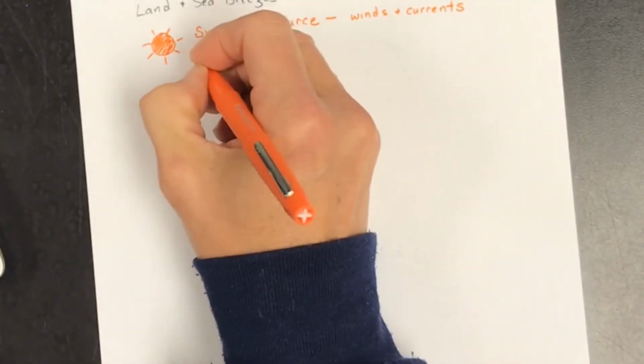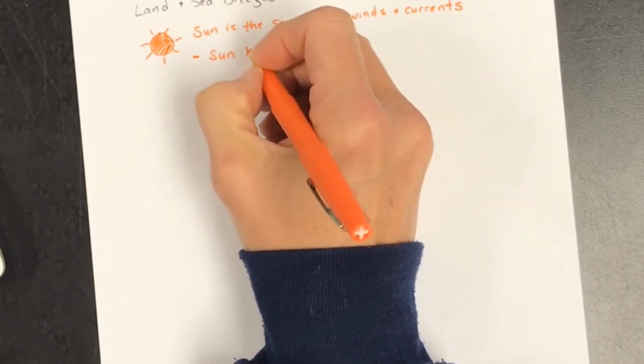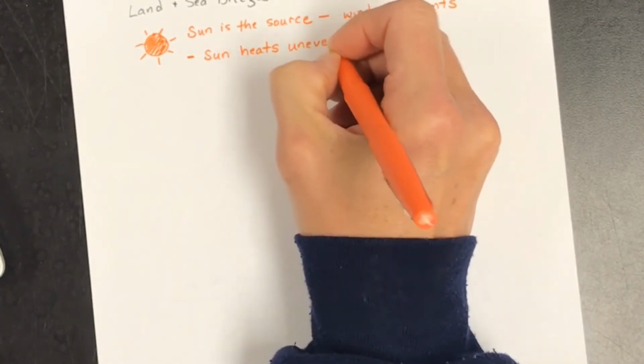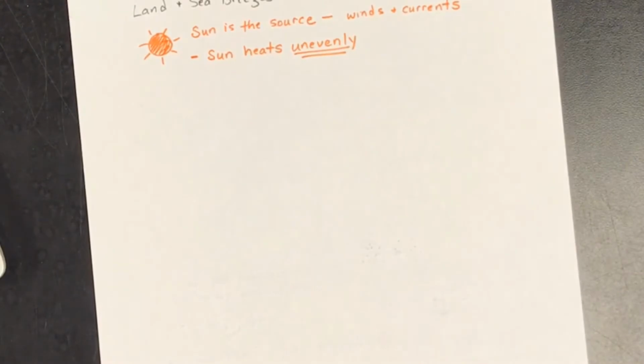And the other thing to remember is that this heating of the Earth's surface is uneven. So it heats unevenly onto the Earth's surface. And this happens kind of in two ways.